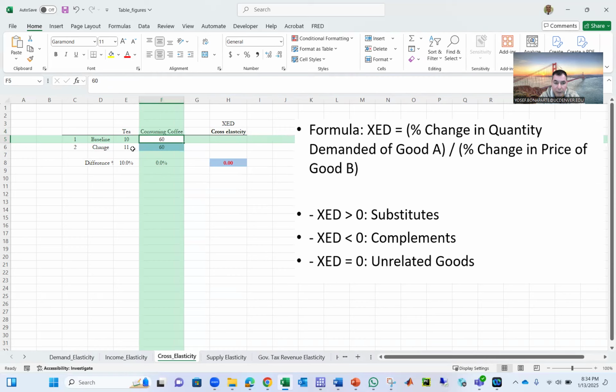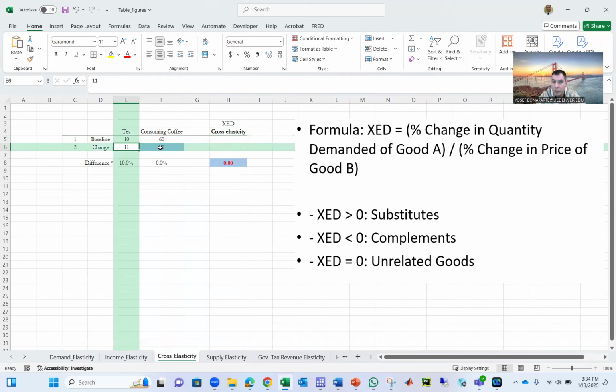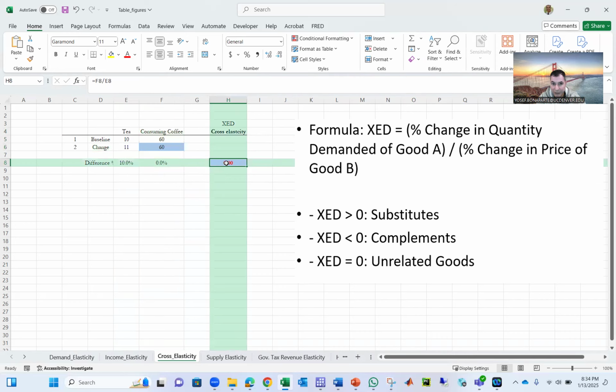Now the price of tea went up to 11. As a result, you didn't change anything. You still have 60 coffees because you didn't care about tea. You only drink coffee. In this case, the cross elasticity is 0. That means unrelated good. It doesn't matter what happened in the tea business. Your consumption of coffee is the same.